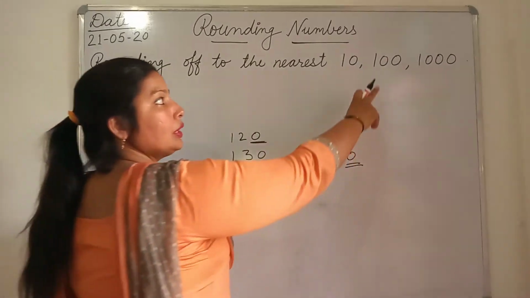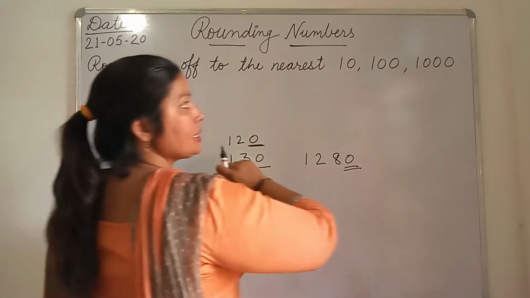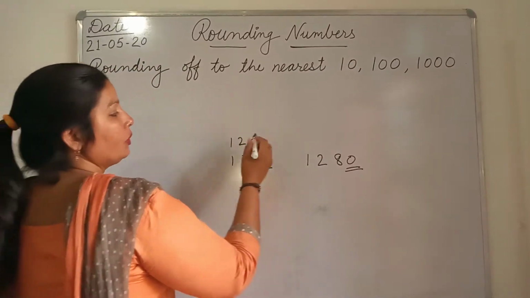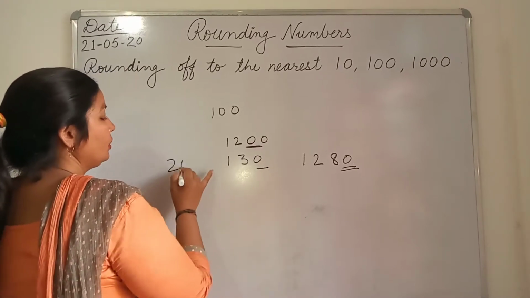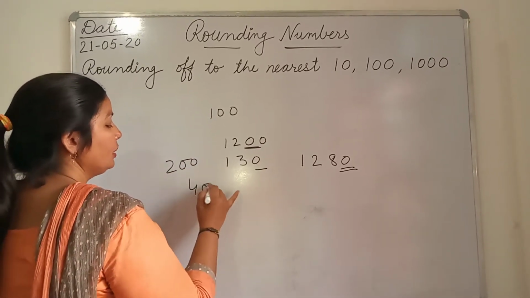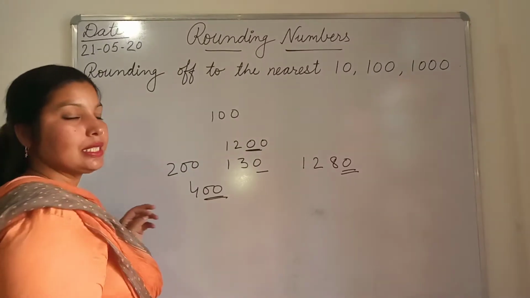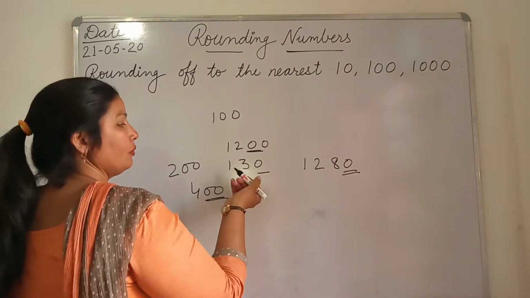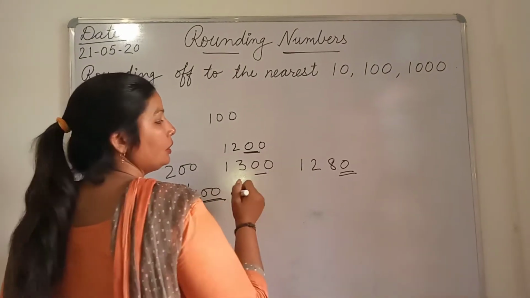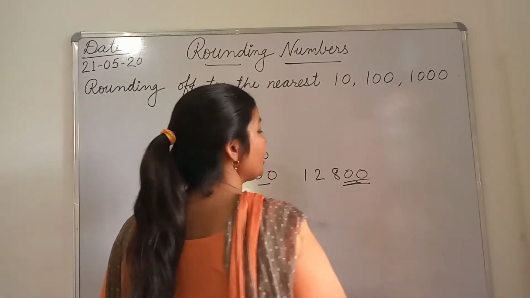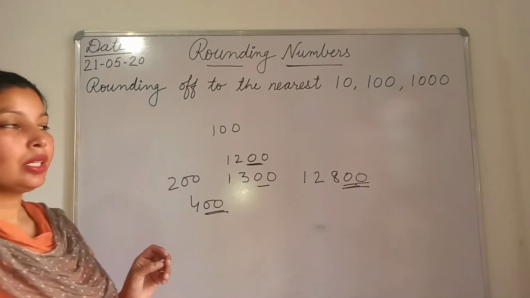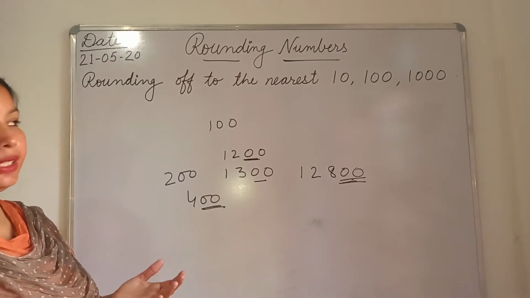In rounding of 100 we have ones and tens column 0, like 1200, 100, 200, 400. Suppose we have 1300, 12,800. When we have ones and tens column 0, that is rounding of 100.